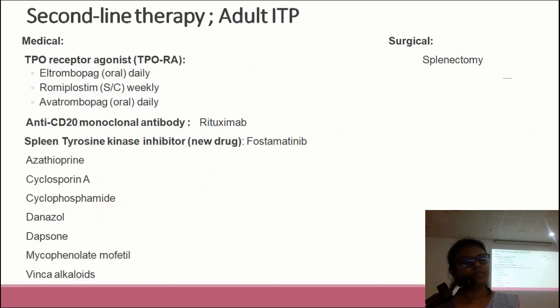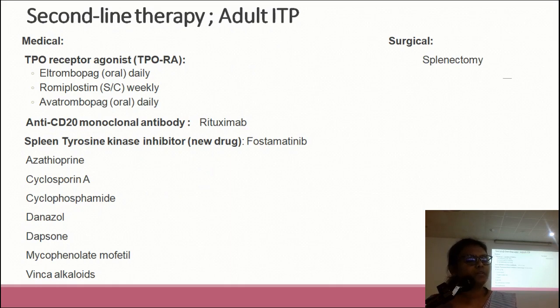Second line treatments: there are lots of medical treatments and surgical treatments, such as splenectomy. Medical treatment wise, we have several new, promising medications. Thrombopoietin receptor agonists: Eltrombopag is an oral medication with a response of around 70%. Romiplostim is subcutaneous weekly, again with good response.